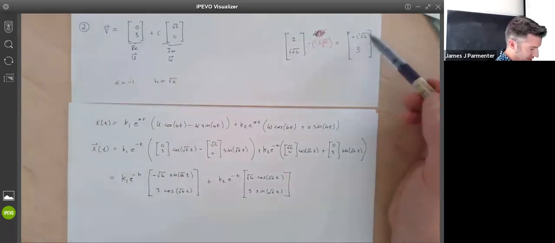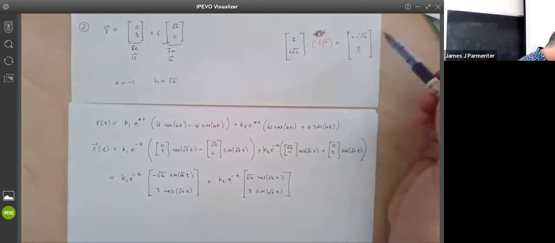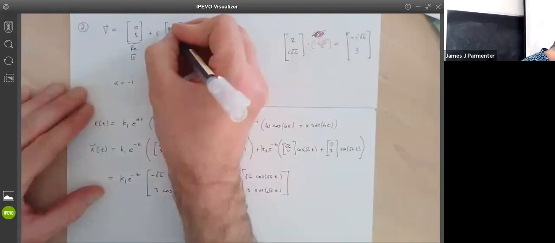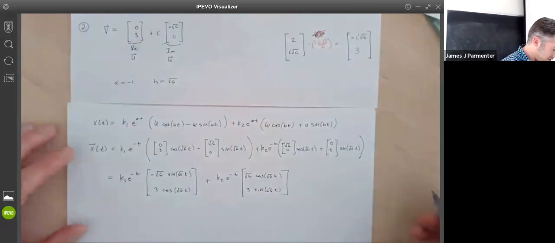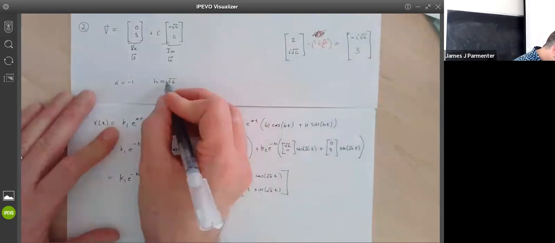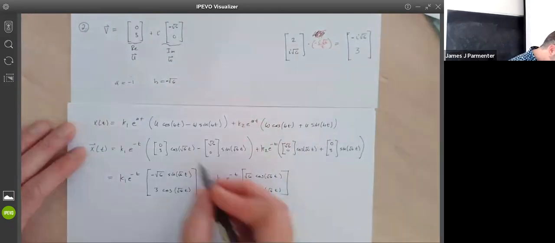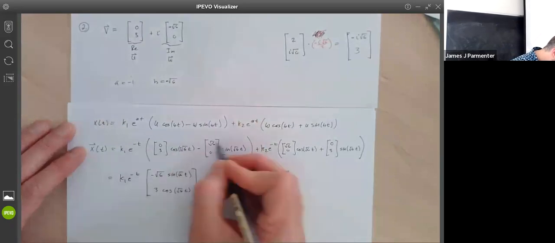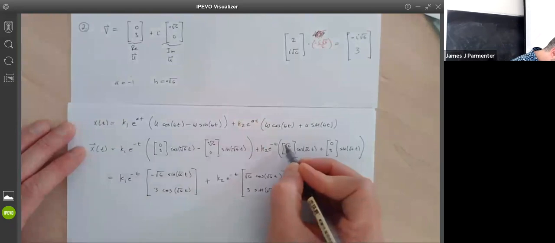My eigenvector actually had a negative i root 6 there. So really that should be a negative root 6 there. So our b value should actually be negative root 6. That's a lot of negatives. Sorry about that.